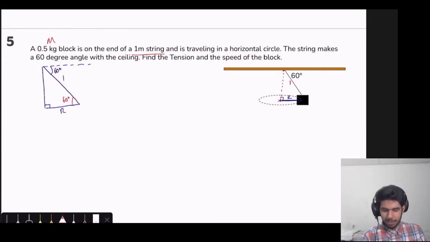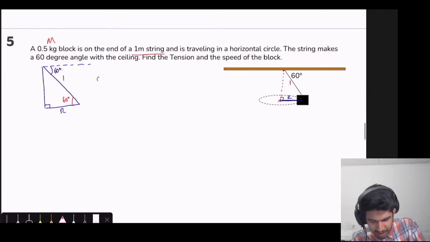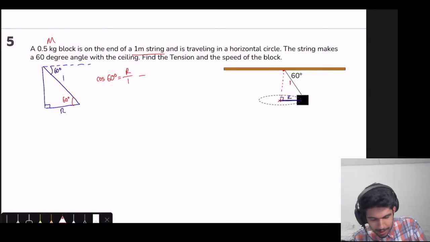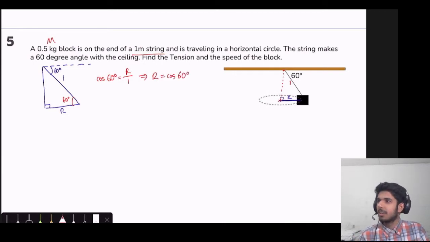That helps us out quite a bit, because we can take the cosine of 60 degrees, and the cosine of that angle is adjacent over hypotenuse, so that would be r over 1. So r is simply cosine of 60 degrees. Okay? Hopefully that's making sense thus far.